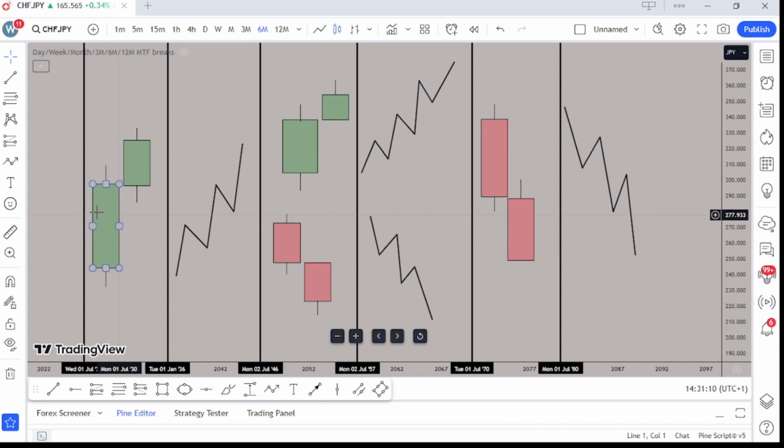For example, this is a bullish candlestick. First, it came down, ascertained a low, went up, opened here, created the body, ascertained a high, then closed back here.